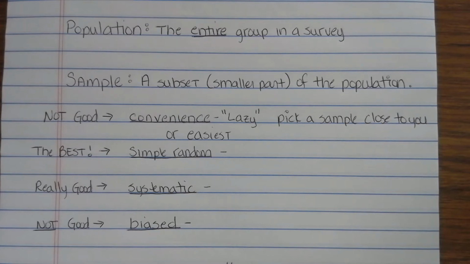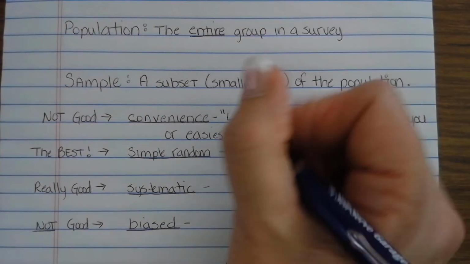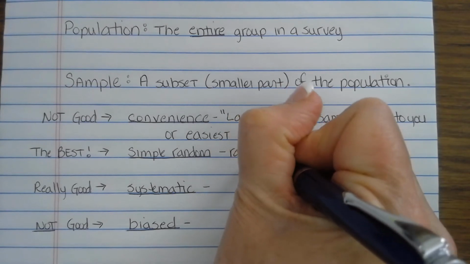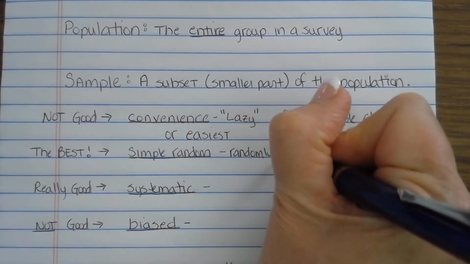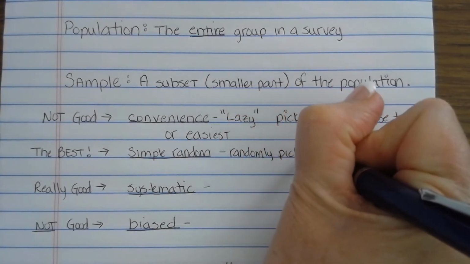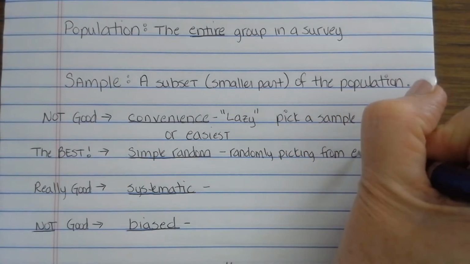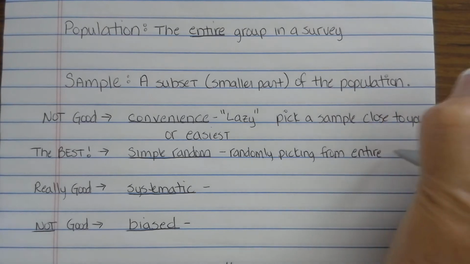The best sample is a simple random sample. And what that is, it's anything that can be the entire population and they are randomly picked. So randomly picking from the entire population.